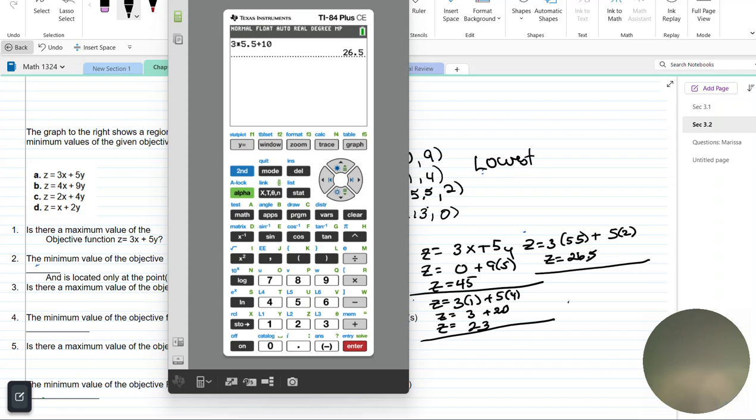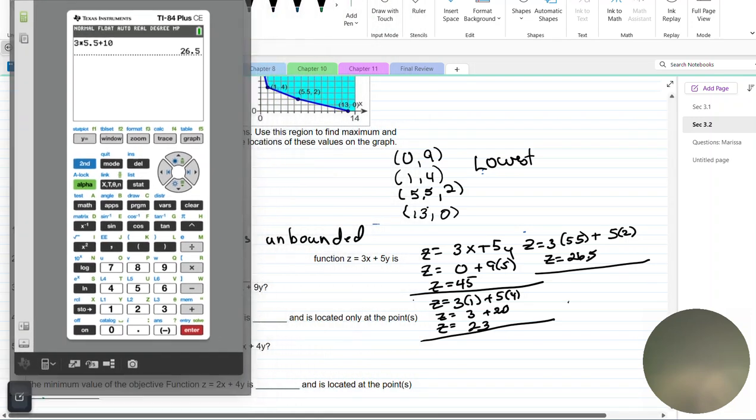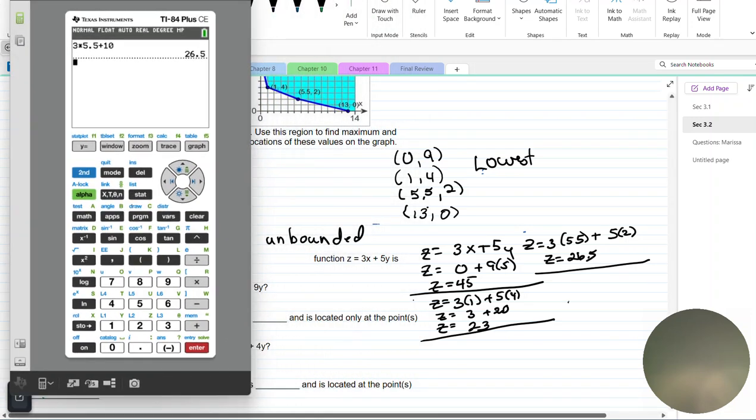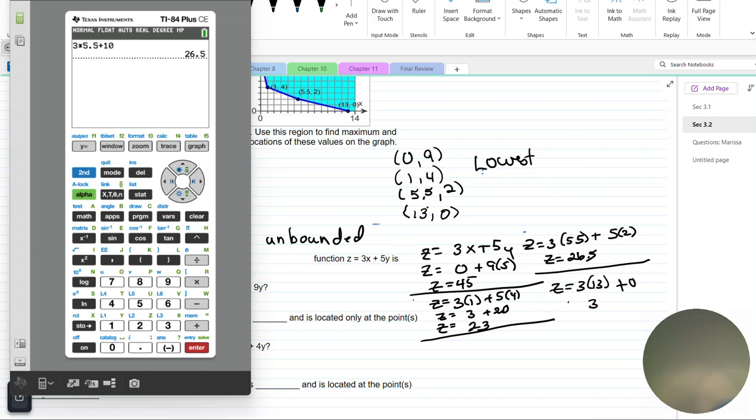Right, so now I'm at 13 and 0. 3 times 13 plus 0. This is 39. All right.